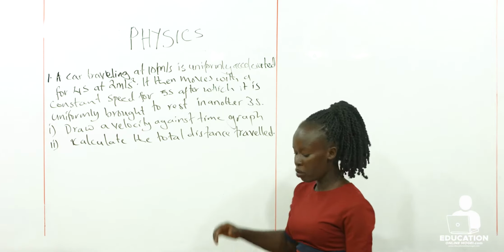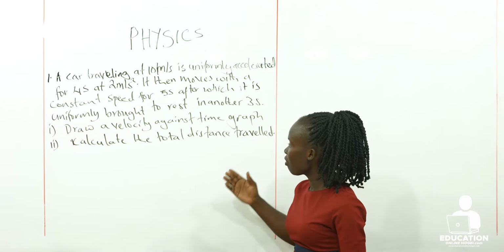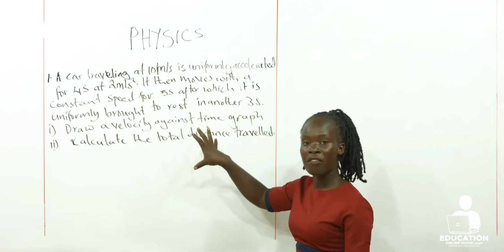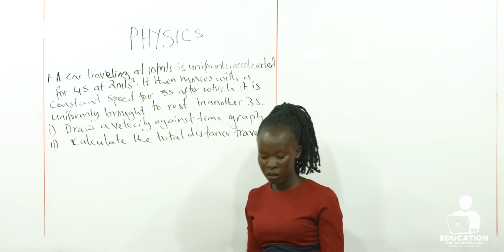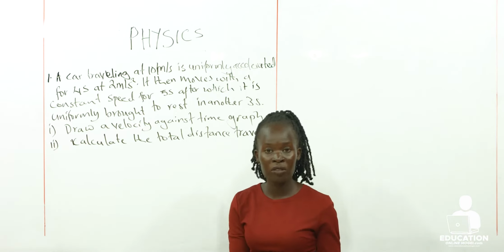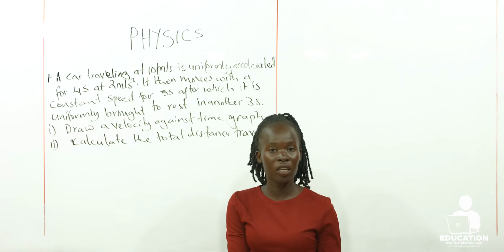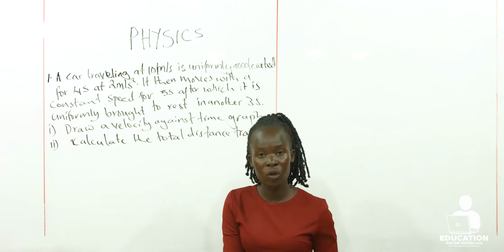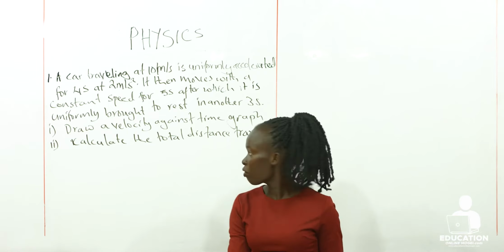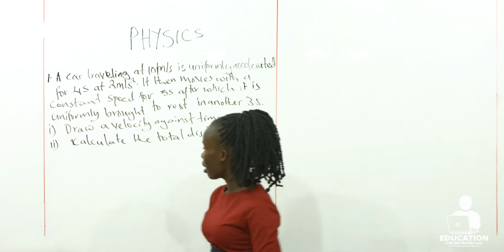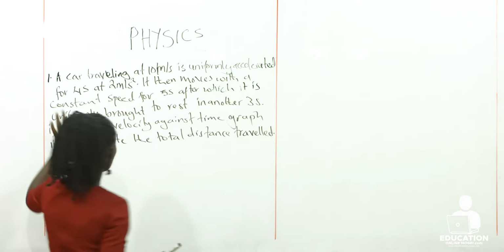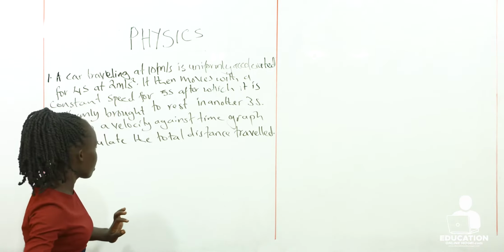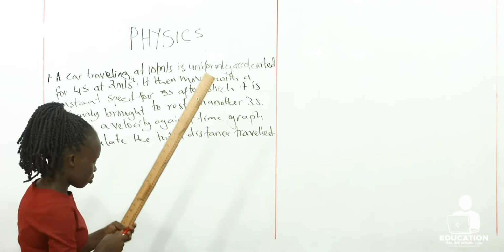If we want to summarize this, we can first draw our velocity against time graph, or we can first try to find out what is in each stage of the traveling and what is lacking. So let's try to represent the whole of this motion in the velocity time graph.